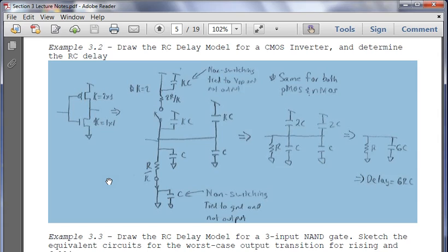So we're going to have a situation where we say we have a 3-input NAND gate that is driving H number of outputs of identical NAND gate circuits. We'll be able to figure that out specifically. Now the input capacitance is 2C. These are in parallel. So the input capacitance of the inverter is going to be 3C.